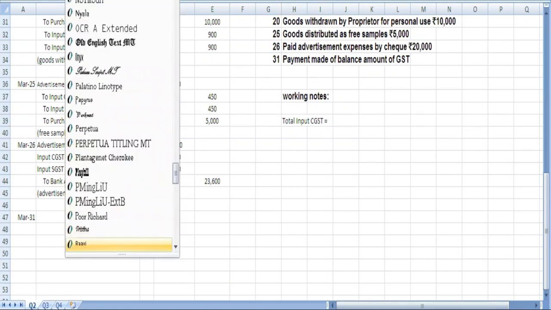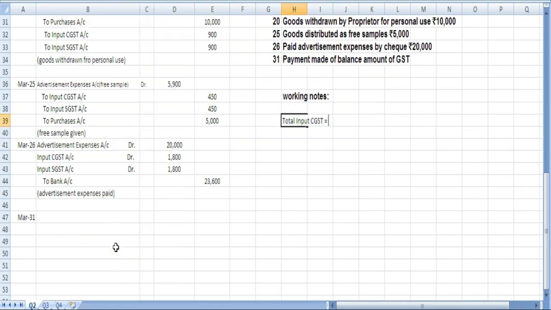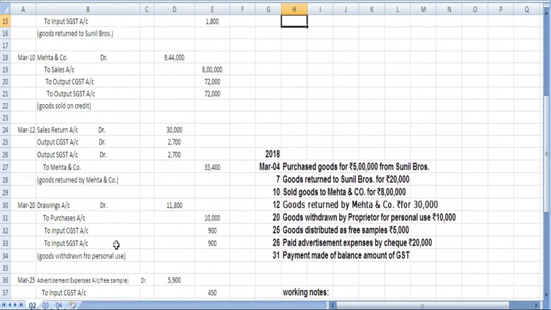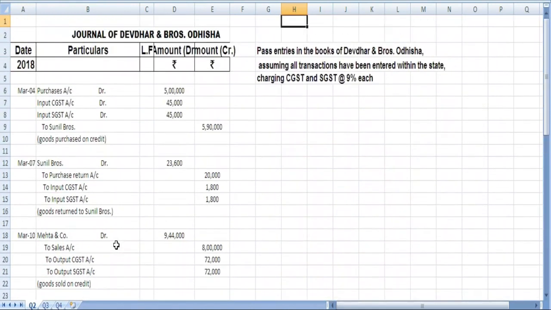What we will do is, whatever input CGST has been debited, we will add those, and whatever input CGST has been credited, we will minus that. This was paid and this we are getting back, so we will minus.